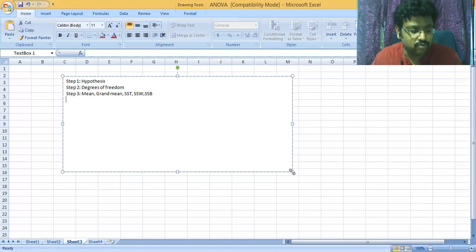Now in step 4, you should calculate the mean square between and mean square within. That is the variance between and variance within.